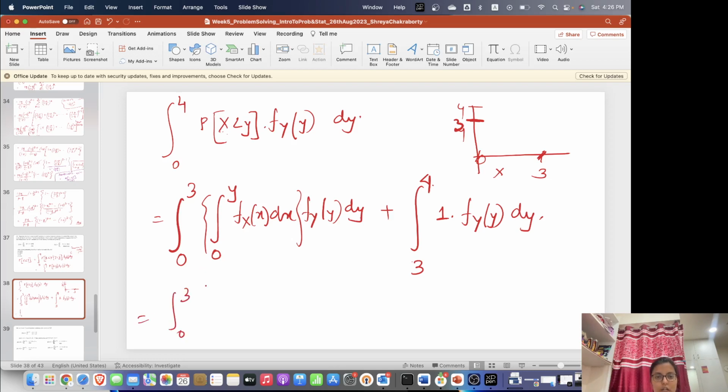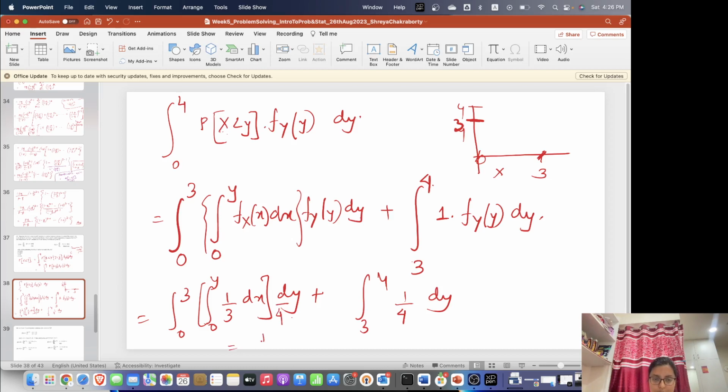So now we'll just substitute. So 0 to 3, f_X(x) dx is 1/3 dx dy, plus 3 to 4, 1/4 dy. f_Y(y) dy is dy by 4.